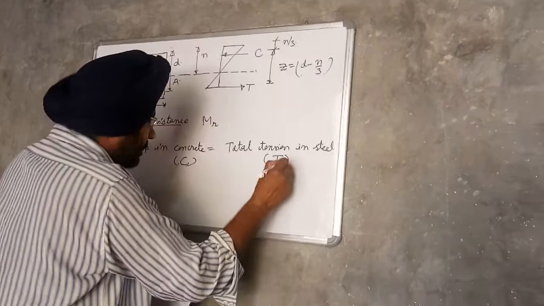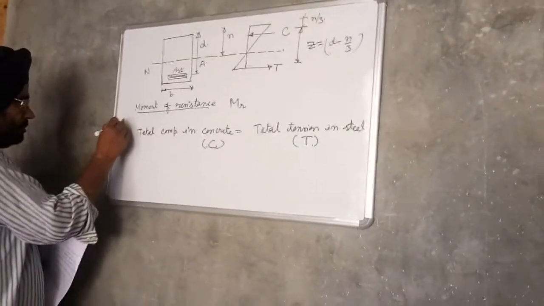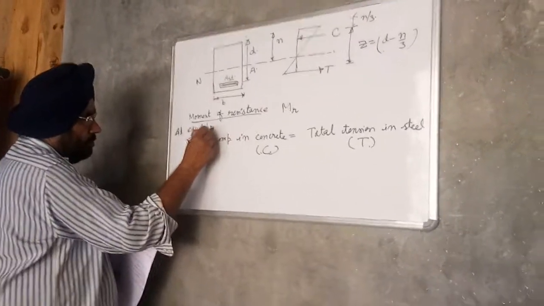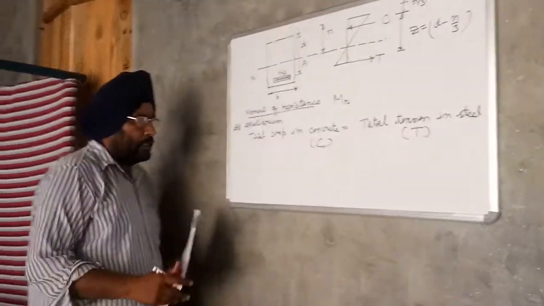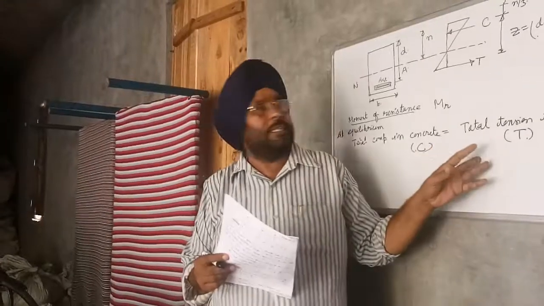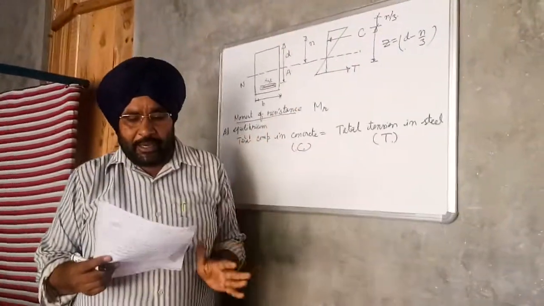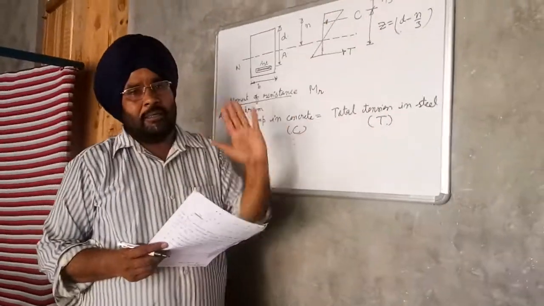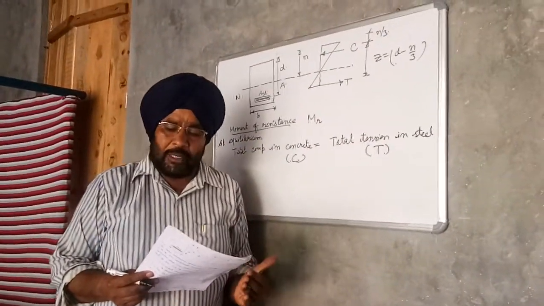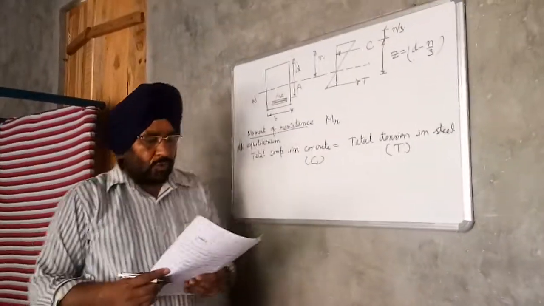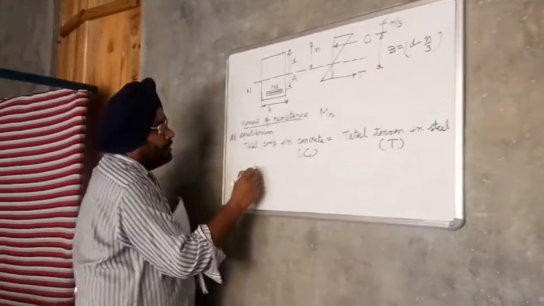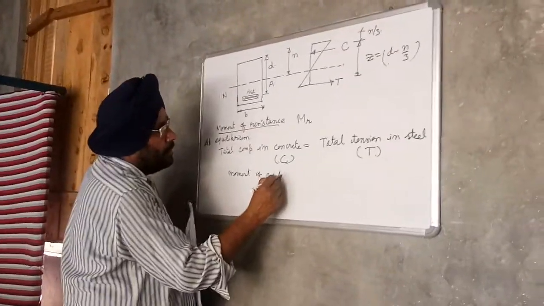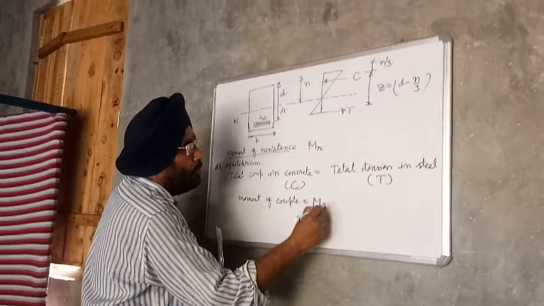capital T. So at equilibrium, total compression in concrete must be equal to total tension in steel. C and T are equal and opposite forces. They form a couple, and the moment of the couple is the moment of resistance.